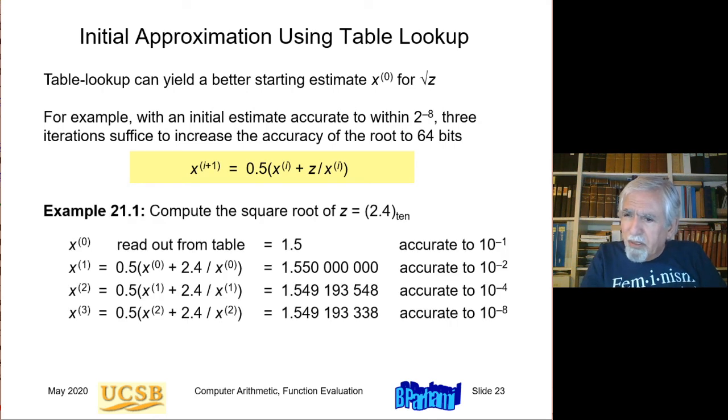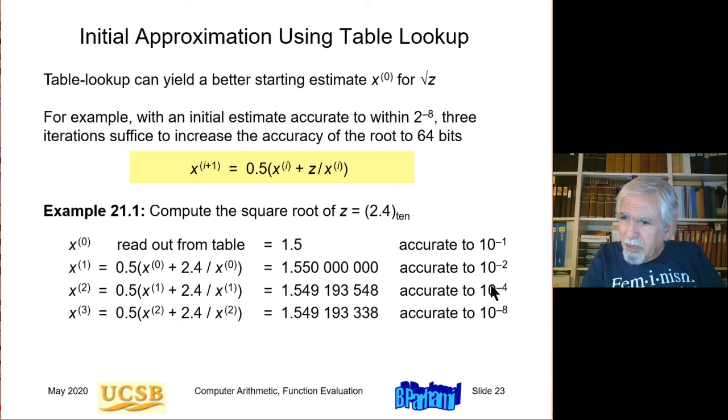So here's a numerical example. I want to extract the square root of 2.4. And from a table, I read out the approximate square root of 2.4 is 1.5. And the table guarantees an accuracy to within 10 to the minus 1. Iterate once, 10 to the minus 2.